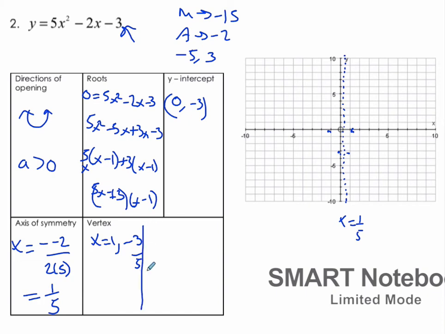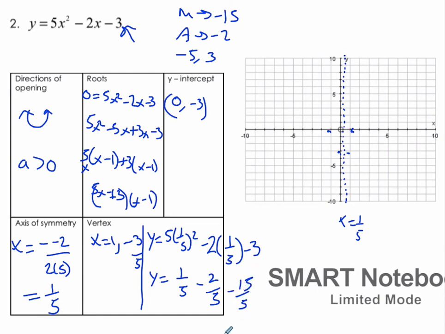So to get the y value of the vertex, we do y equals 5 times 1/5 squared minus 2 times 1/5 minus 3. That is 1/5 minus 2/5 minus 15/5, which is negative 16/5.